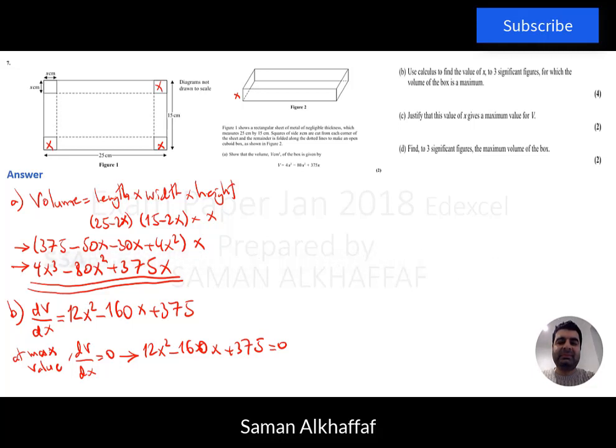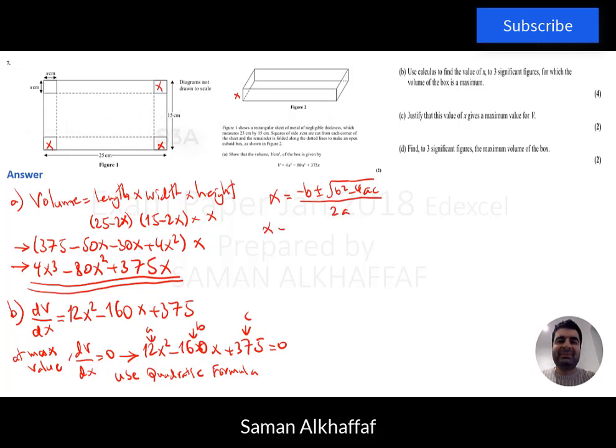So for us to solve this equation, we can use the quadratic formula. So we have c, b, and a. Using the quadratic formula, we would have x being minus b plus or minus the square root of b squared minus 4ac, over 2a.